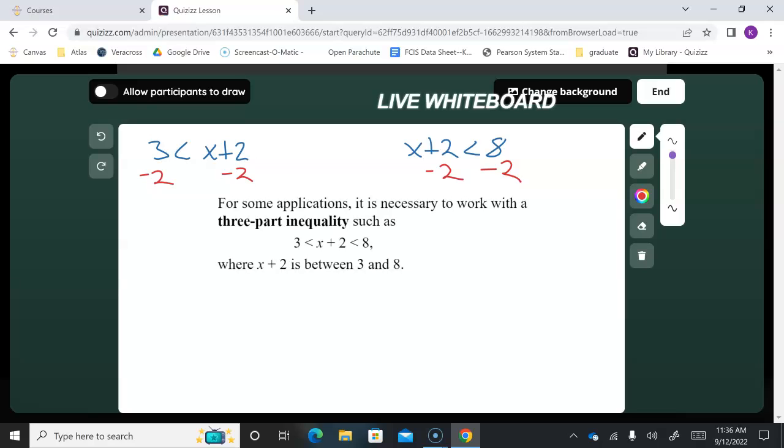So I can take this, 3 is less than x plus 2 is less than 8, and apply that same logic. What do I do to get x by itself? I need to subtract 2.